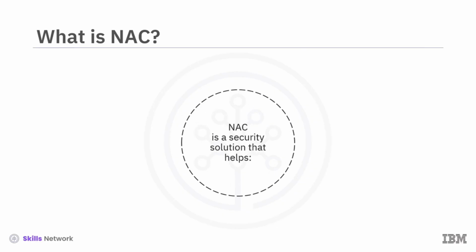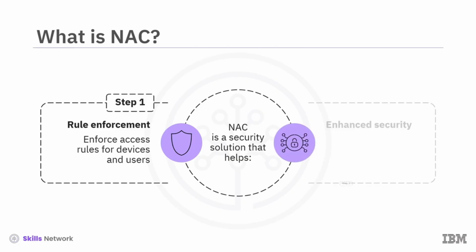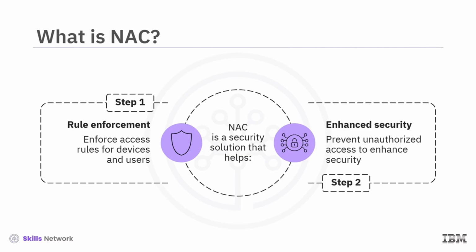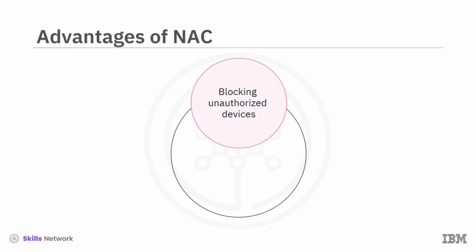NAC is a security solution that enforces rule-based controls over devices and users attempting to access network resources. NAC systems are designed to verify the identity and security posture of devices before granting them access to the network to ensure overall security. Let's discuss a few advantages of NAC. NAC helps prevent unauthorized devices from accessing the network, thus reducing the risk of attacks.